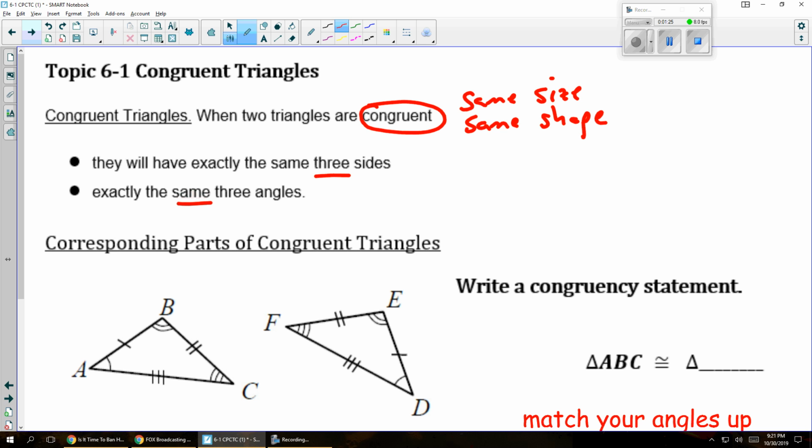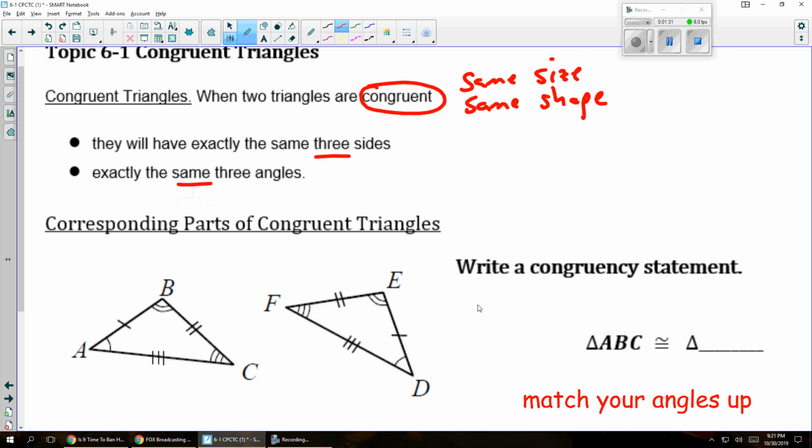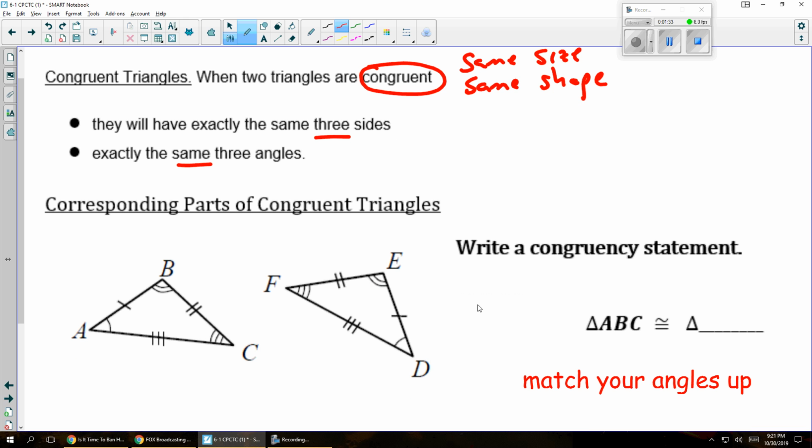So we can look at corresponding parts of congruent triangles. And as it turns out, corresponding parts of congruent triangles are congruent. Sometimes, because that can be quite a mouthful, we'll abbreviate it CPCTC. Corresponding parts of congruent triangles are congruent.